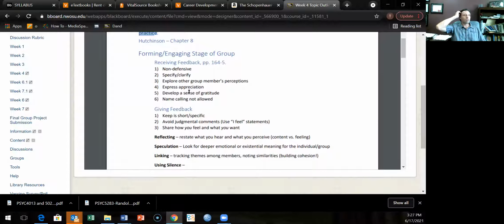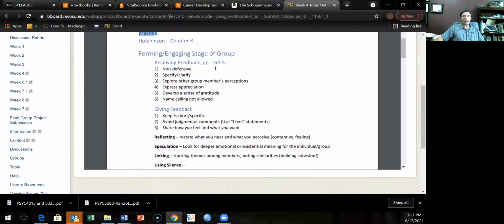So early on, we have this forming, engaging stage of group: forming, norming, performing, adjourning, all those Tuckman 1965 stages. In the forming stage, which I would say you're still there, a lot of you know each other already, but we're getting accustomed to each other in group.